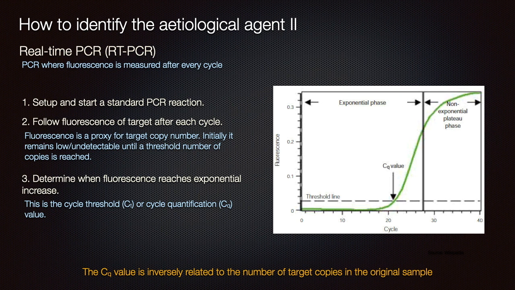Instead of starting by amplifying 1 copy, maybe you're starting by amplifying 100 copies, which will then become 200, then 400, then 800. So, the more starting material, the more copies in your original sample, the lower the CQ value. In other words, again, the more you have to start, the less time it takes to reach a detectable increase in fluorescence.